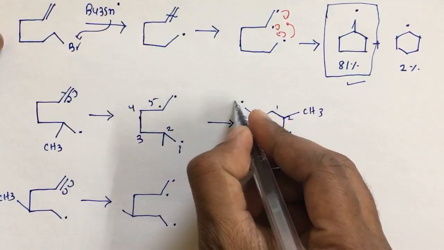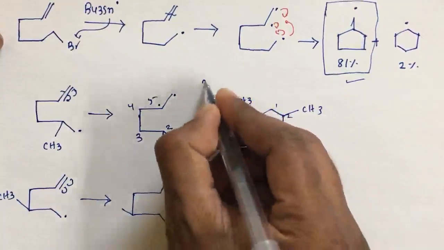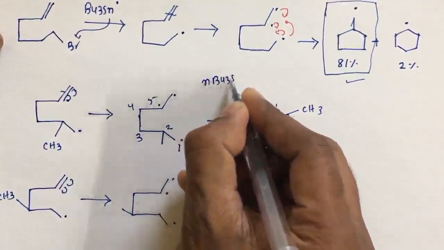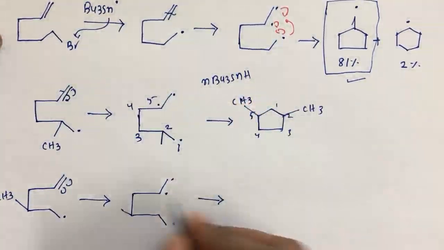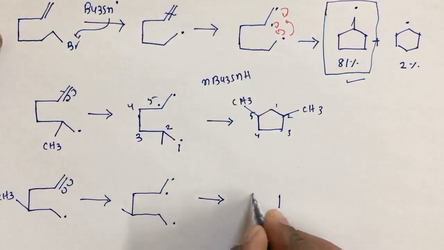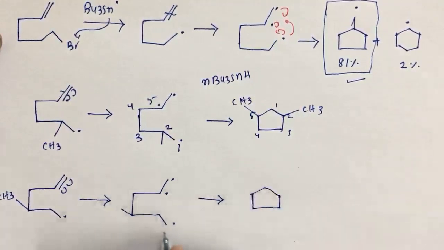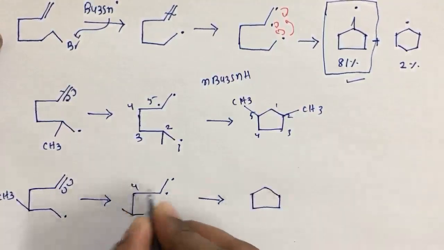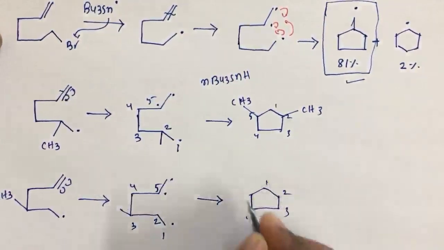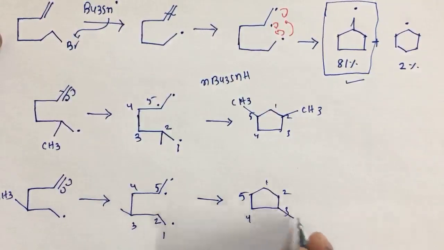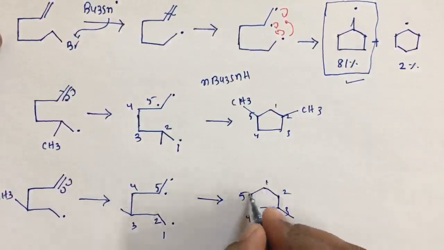Further it gets converted into a methyl group after taking one hydrogen from this. And here also the same, we'll get a 5-member ring, 1 2 3 4 5. So the methyl group is at the 3rd position and 5th position.